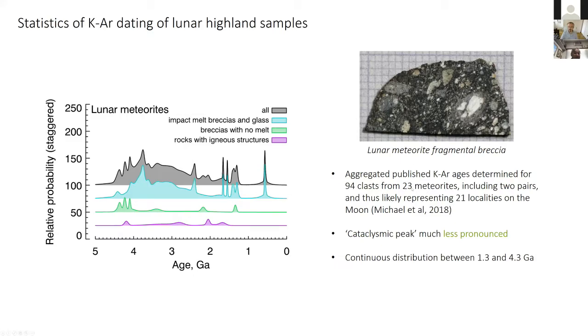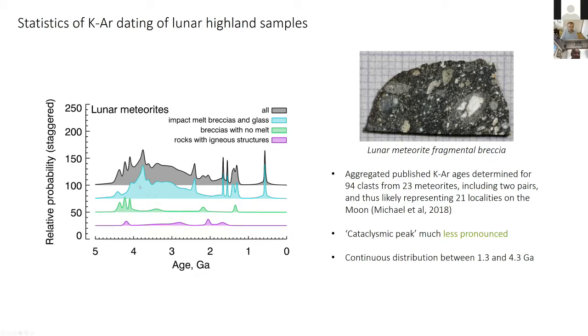We have 23 lunar meteorites, and 94 clasts have been dated from these 23 meteorites. 2 of those are pairs of meteorites, so they probably come from the same location. So possibly these represent 21 different locations on the moon where the meteorites were ejected.